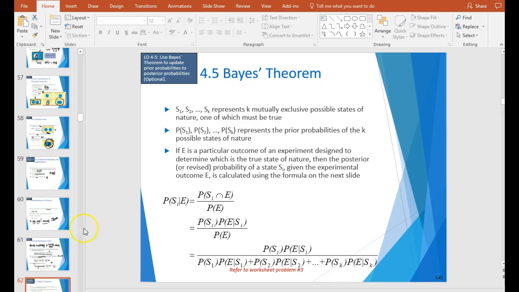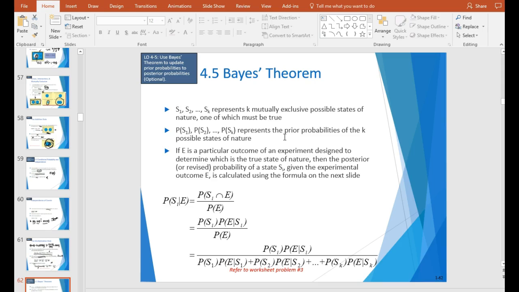It'll take us to Bayes' theorem next. Go ahead and read that slide for a second. I'm not quite sure why the book wants us to learn Bayes' theorem, but I'll teach it to you, and then we're going to use contingency tables to solve any problems that we have with Bayes' theorem.